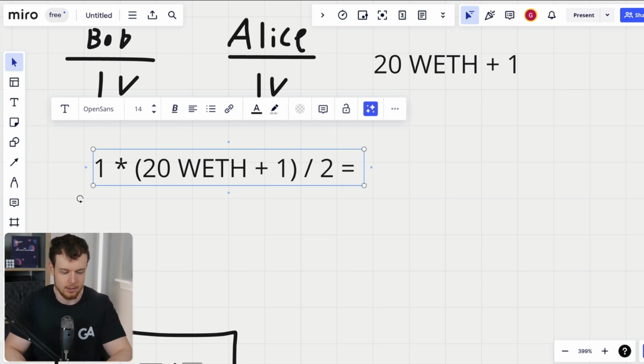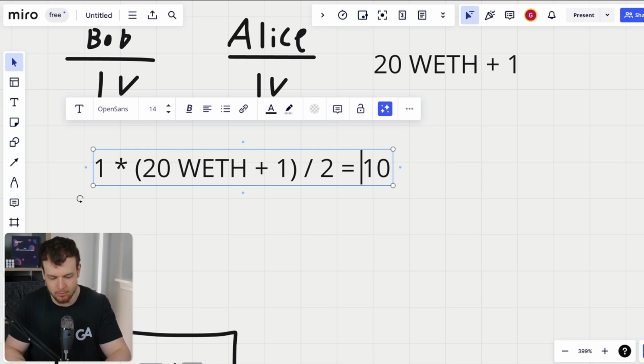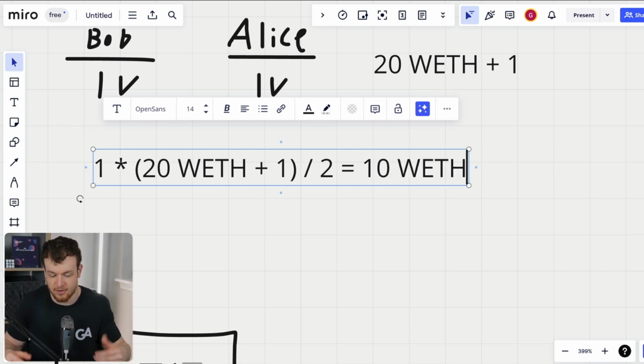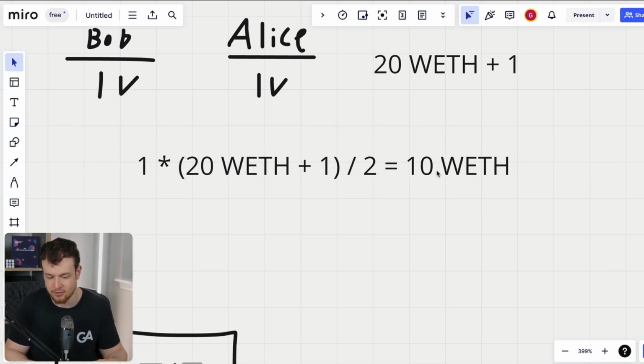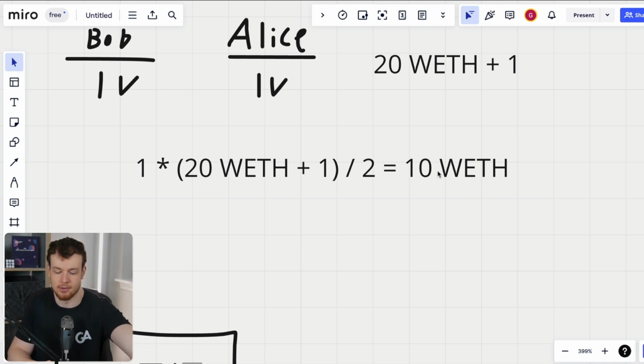And finally, we get 20 wrapped ether plus 1 wei divided by 2. Alice gets out about, pretty much we can assume that 1 wei divided by 2 rounds to 0. So basically 10 wrapped ether out. So Alice actually put in 20 wrapped ether. She lost 10 of that wrapped ether because of the virtual vault token shares.